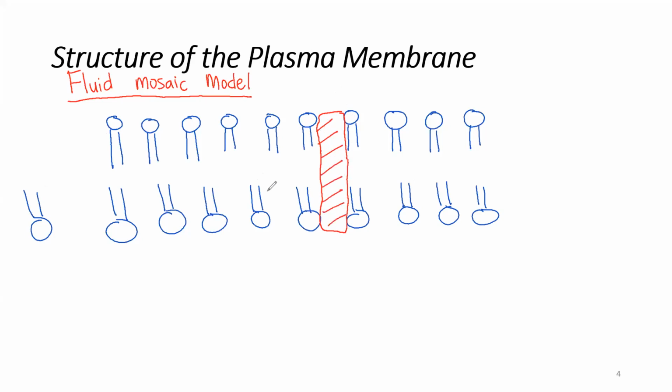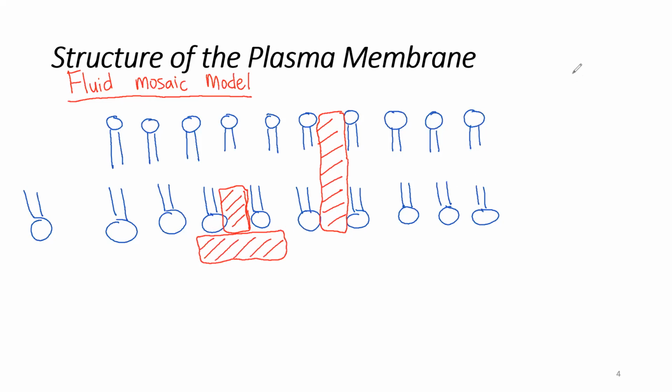We've got some proteins that are embedded just in one side of the bilayer. We've got some that are on the polar end, facing the internal environment of the cell.